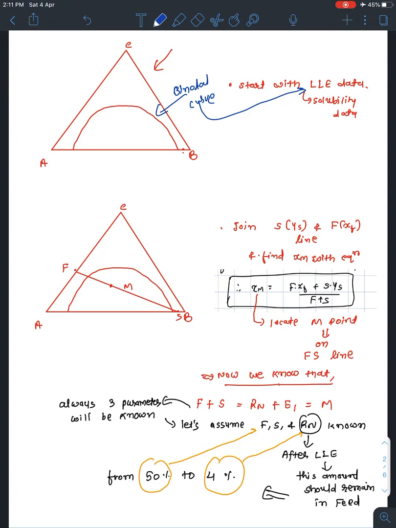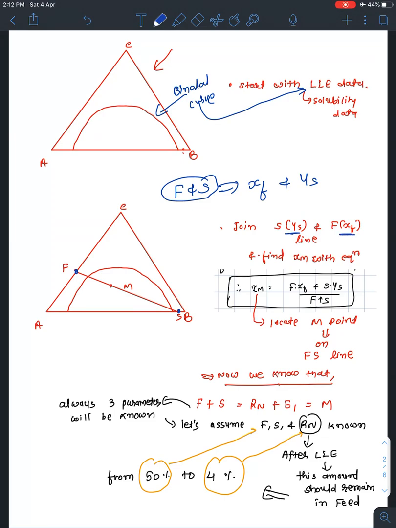Now what was the first step that we did yesterday in single stage extraction? We have to join this S and this F point, because F and S are the inlets. So we join these points based on the compositions XF and YS, as I have written over here: S, YS, F, XF.